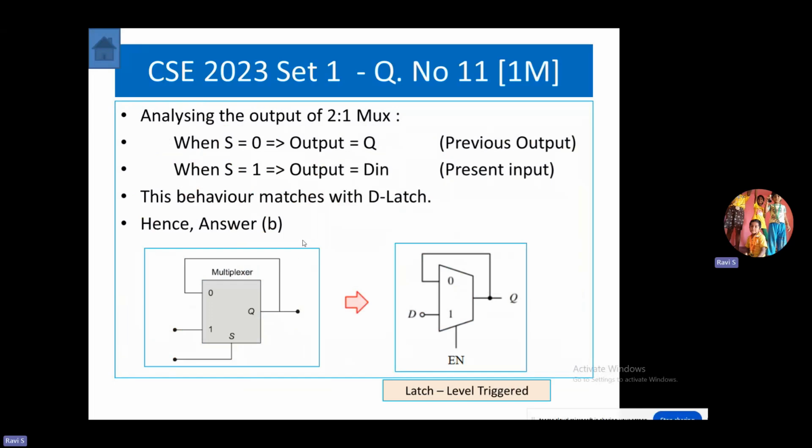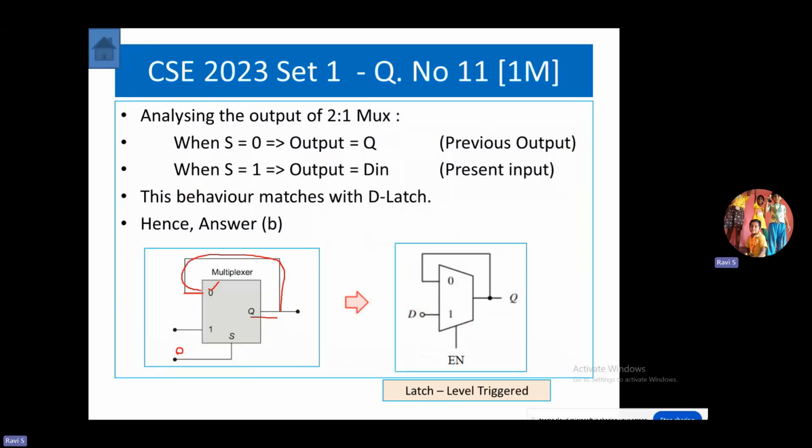Now, if we study the operation of a multiplexer, it tells us that when the select input is 0, whichever data we apply at this particular input comes as output. According to the given figure, the Q output becomes the data input.